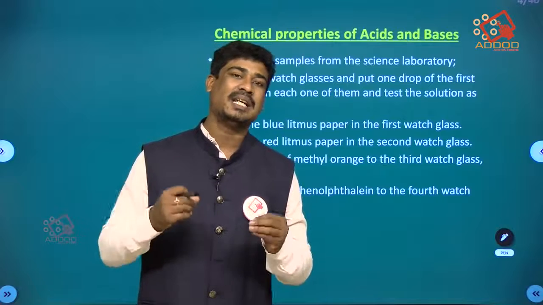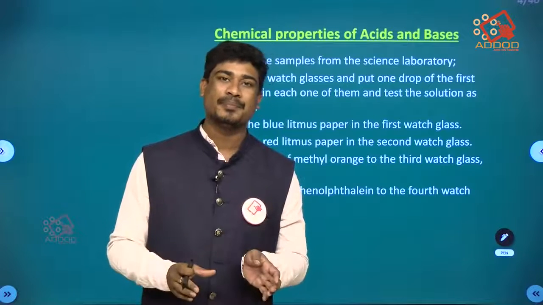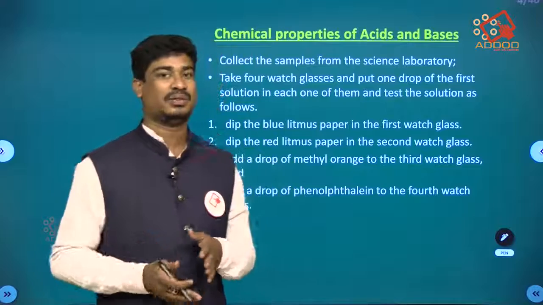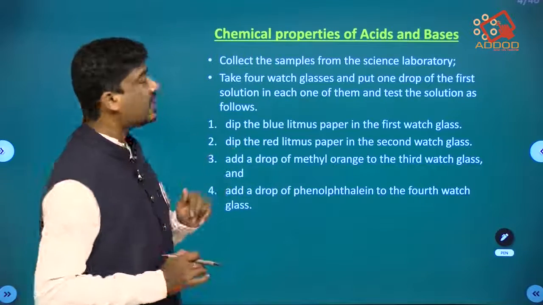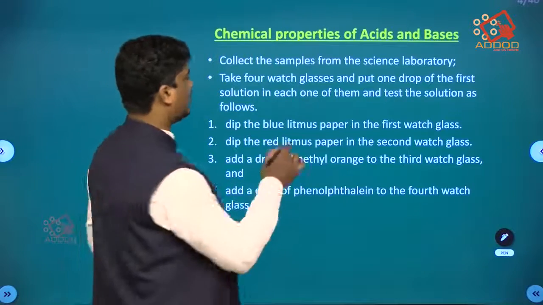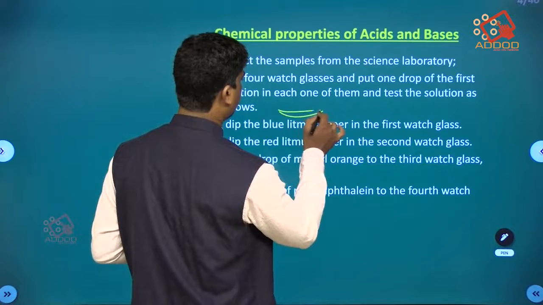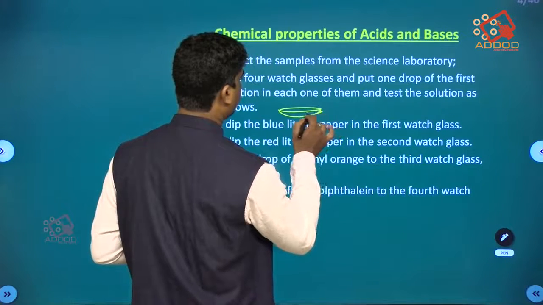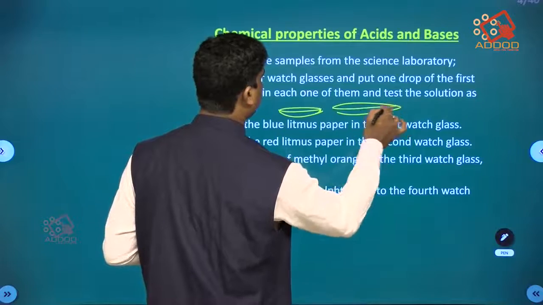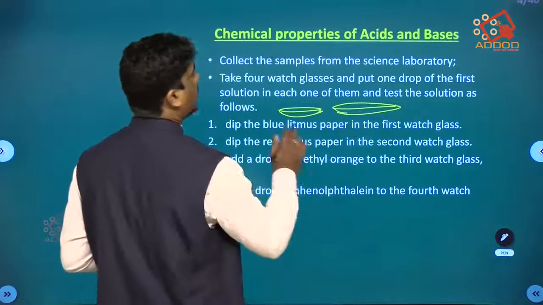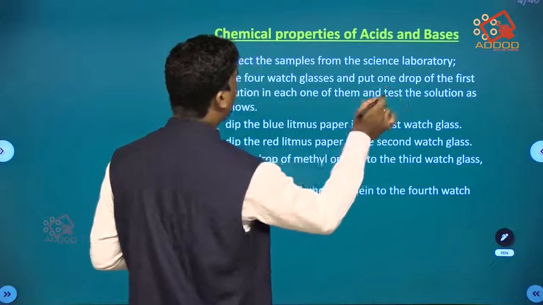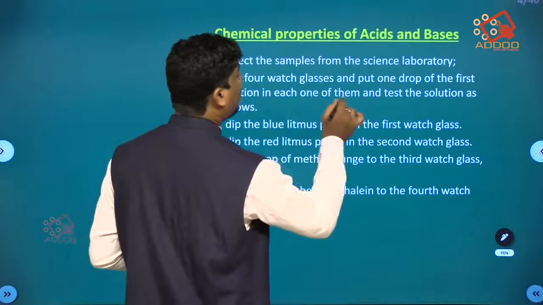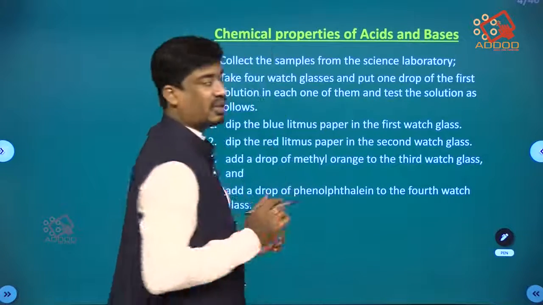Take whatever chemicals you have in your lab and test them. That is the activity. Take 4 watch glasses and put 1 drop of the first solution in each one of them and test the solution as follows.